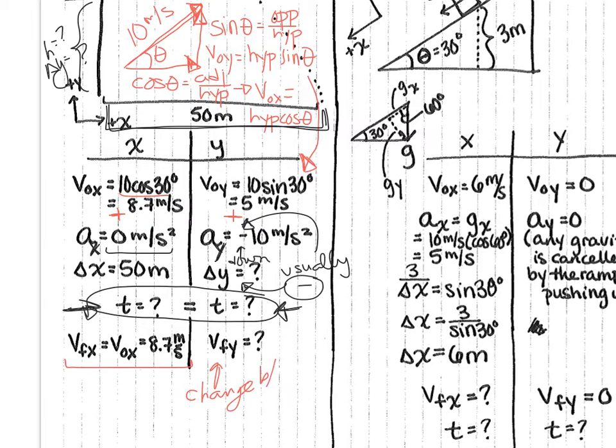And it changes because of gravity. That is why we don't actually know this final velocity in the y direction. And so everything that we have a question mark next to, we could use our kinematics equations to find. We're not doing that yet. You'll start doing that probably on Monday.